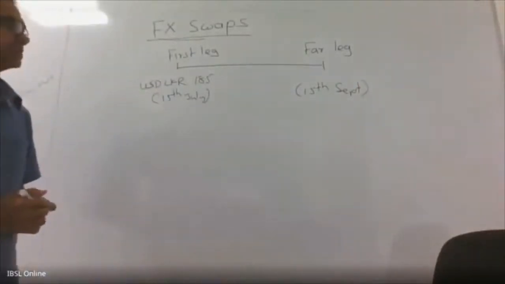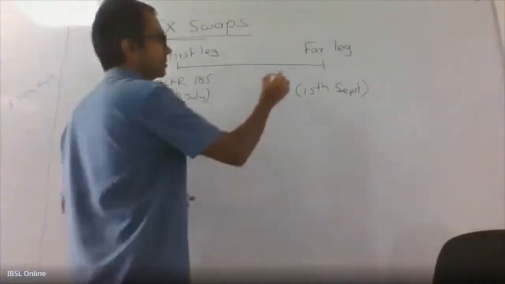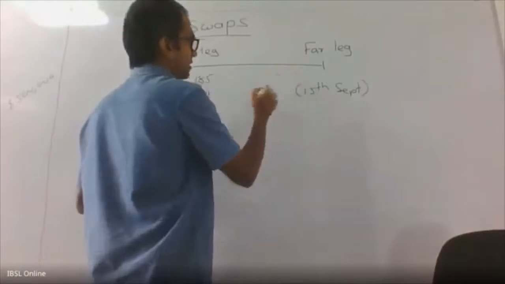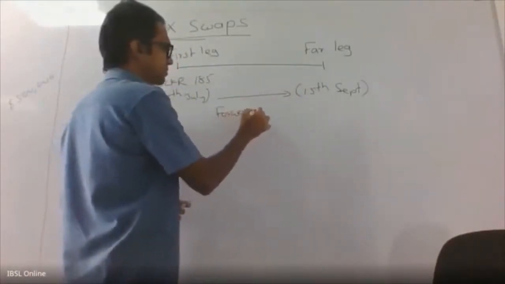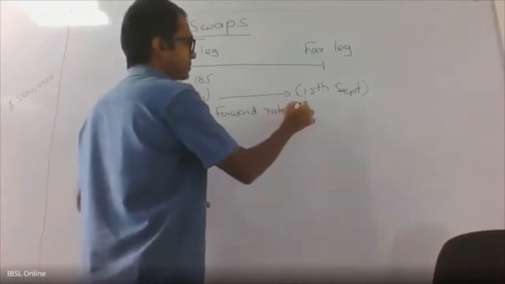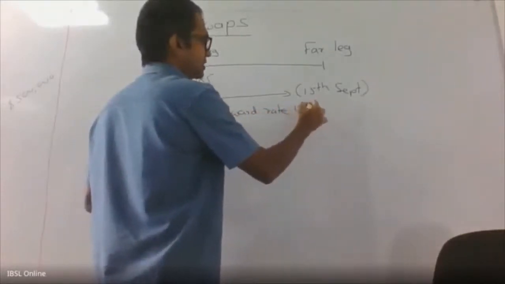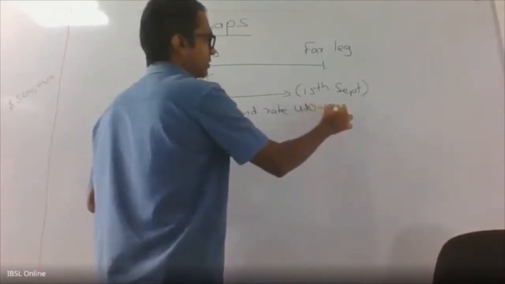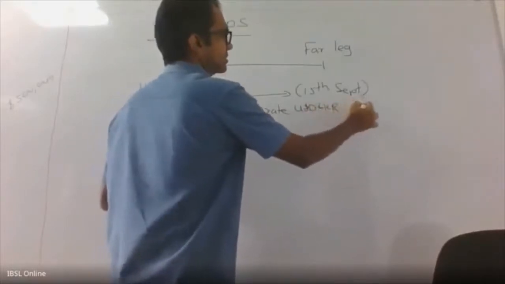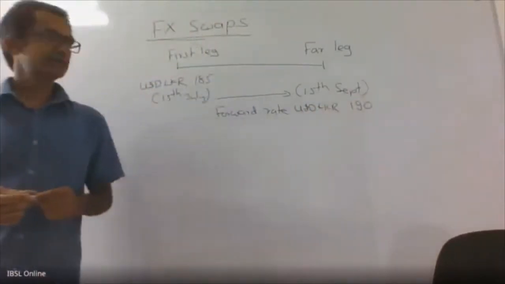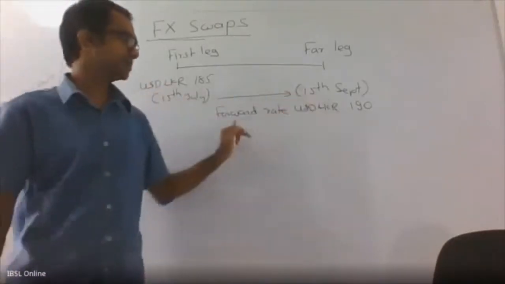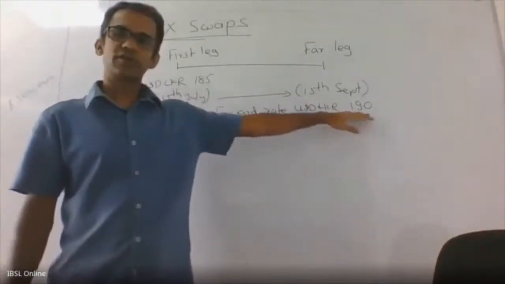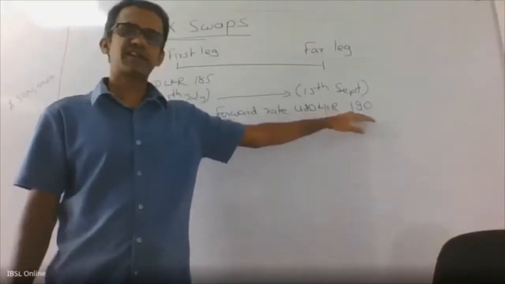The forward rate is 190 for this period. The forward rate of USD LKR from 15th July to 15th September is 190.